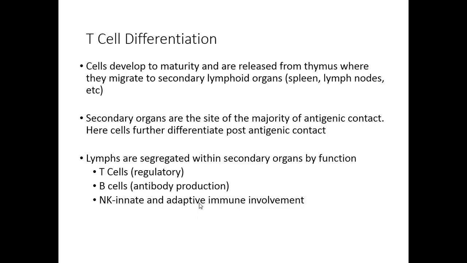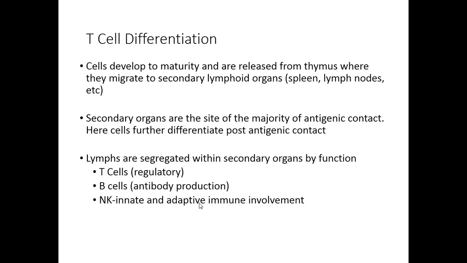If there's going to be antigenic contact, it's going to be in those concentrated spaces of the spleen and the lymph nodes. At this point, it's in the spleen and the lymph node where we're going to see most of the antigenic contact, and that's when the cells are going to differentiate in a post-antigenic way, a very specific way to a specific antigen. Lymphs get segregated within the organs by function, and mainly we're thinking about T cells as being a primary regulatory agency or cell.